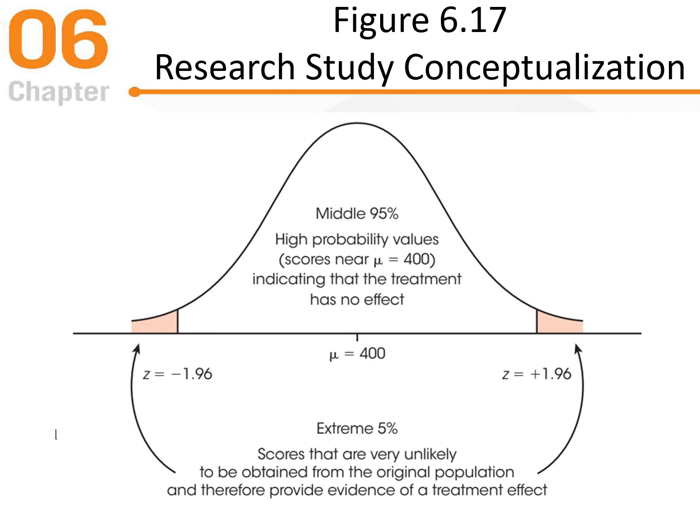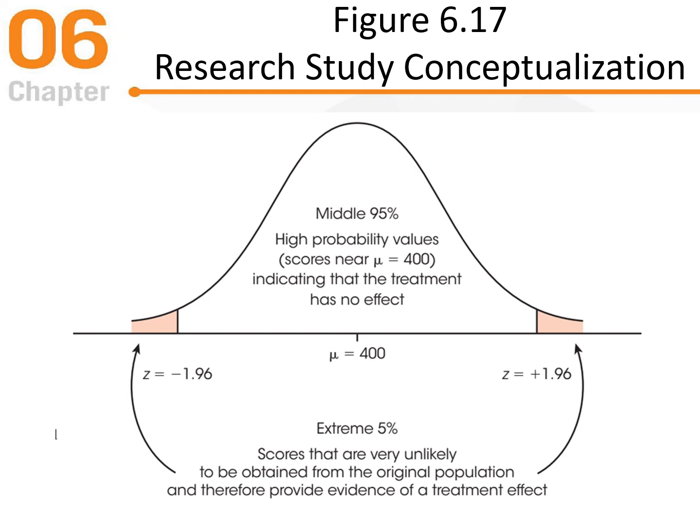So it's very unlikely that the sample, after getting the treatment, belongs to a population that has a mean of 400. There's only a 5% chance that this would be a random sample from a population with a mean of 400. And if there's only a 5% chance of that happening, we say that that's very unlikely. So therefore our sample does not come from this population. It comes from some alternative population where the mean is greater than 400 or less than 400.